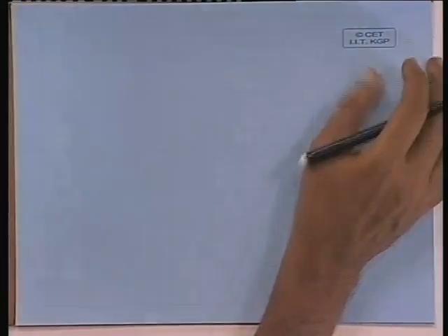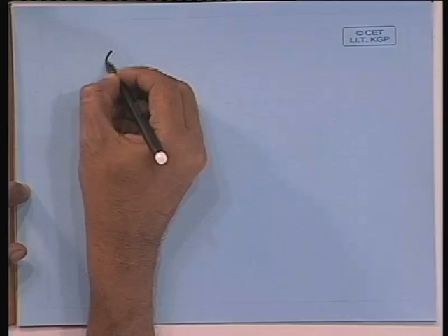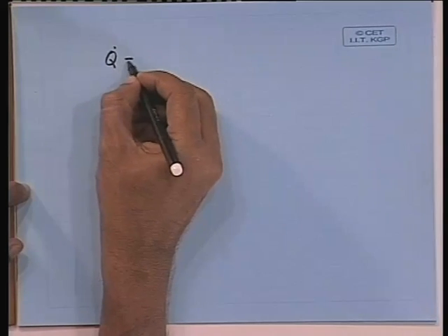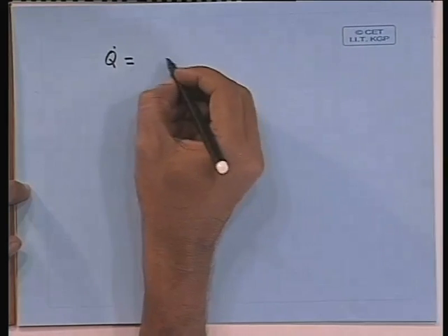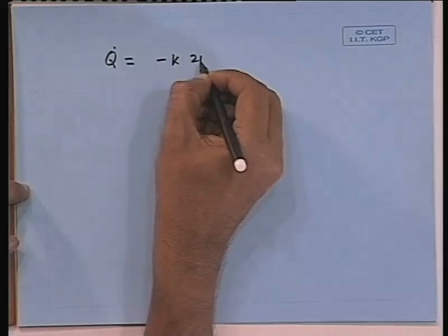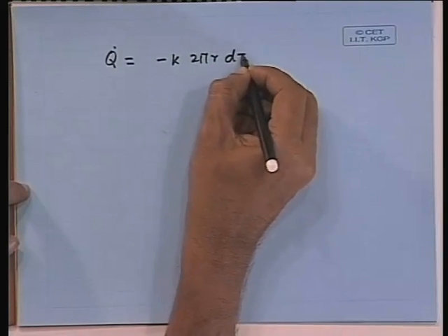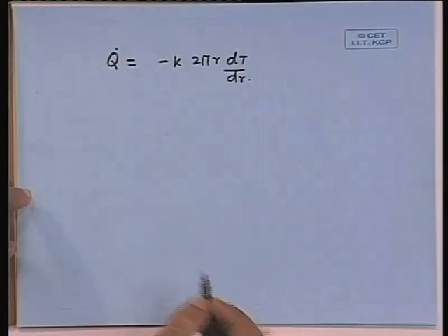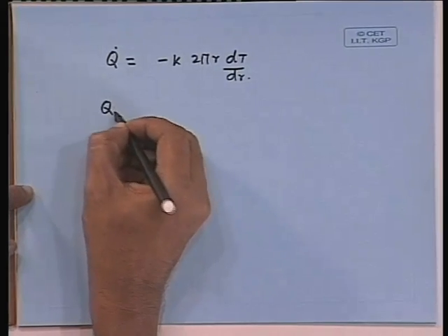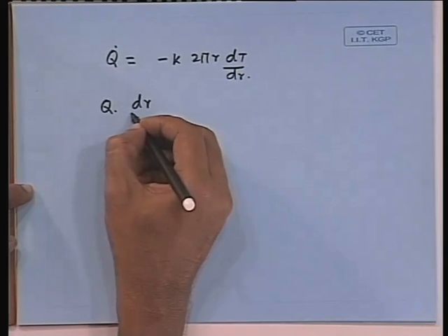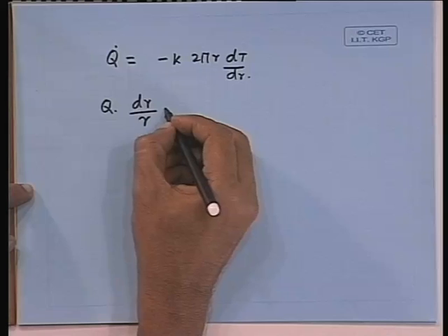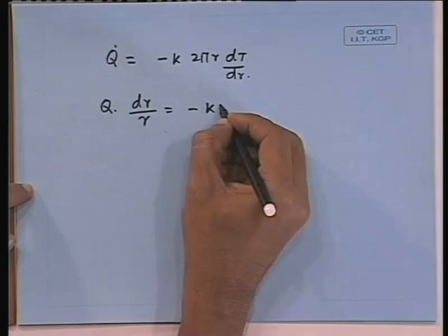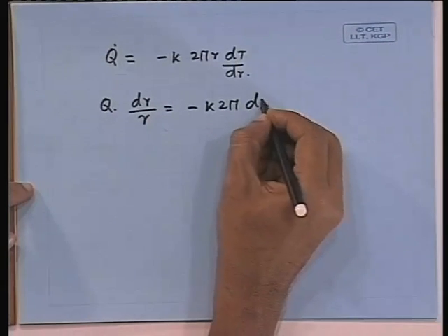Let us go to the second page. Q dot is equal to minus k 2 pi r dT/dr, and Q dot into dr by r is equal to minus k into 2 pi dT.